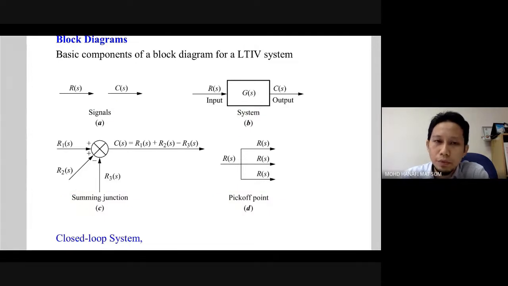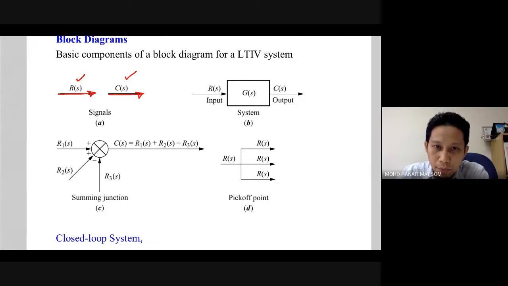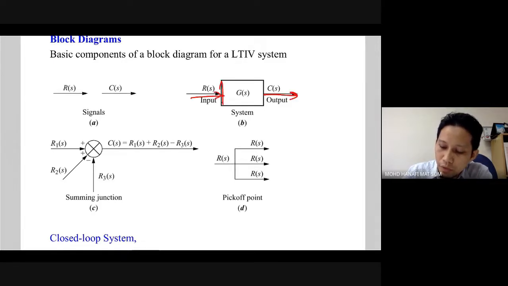Input and output represent the signals, which are represented by arrows. A system is a combination of the input, the output, and the transfer function, G(s) in this case.